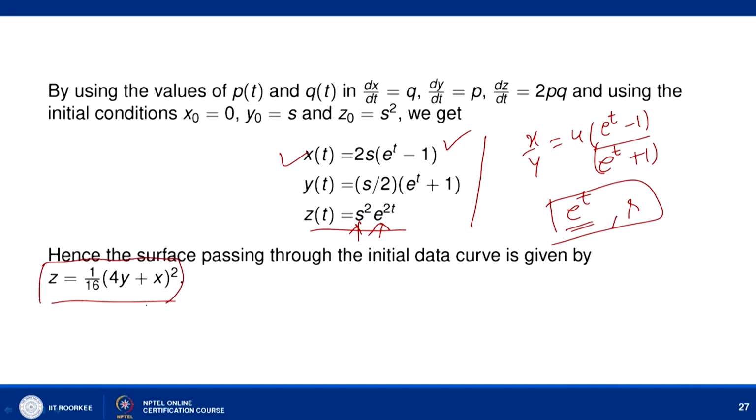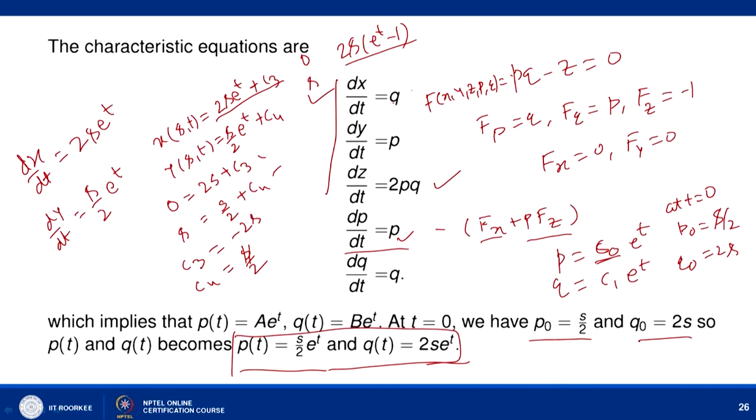Now, please look at here, if we solve only these equations, then we will get a solution in terms of constants. So, the solution without utilizing the initial data is the equation of characteristics, but if you utilize the initial data, then it will be an integral strip rather than a characteristic strip.